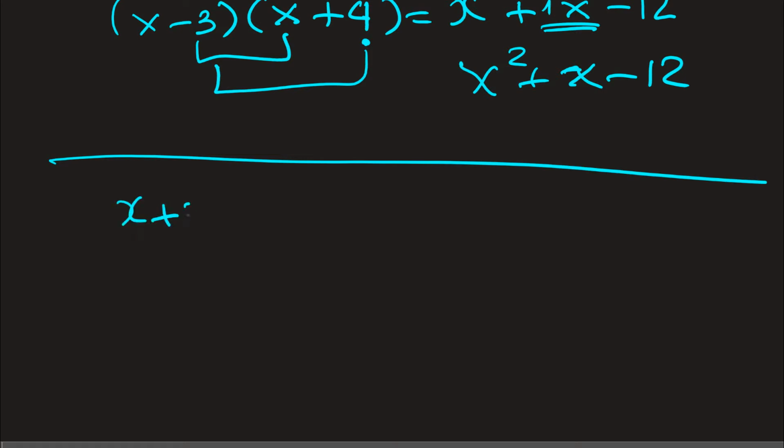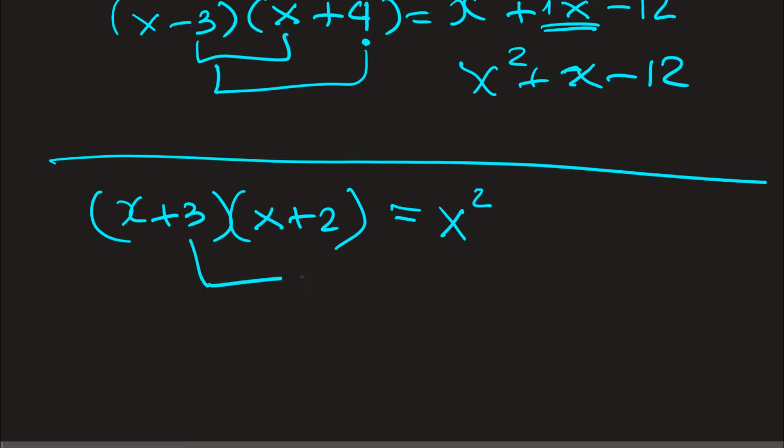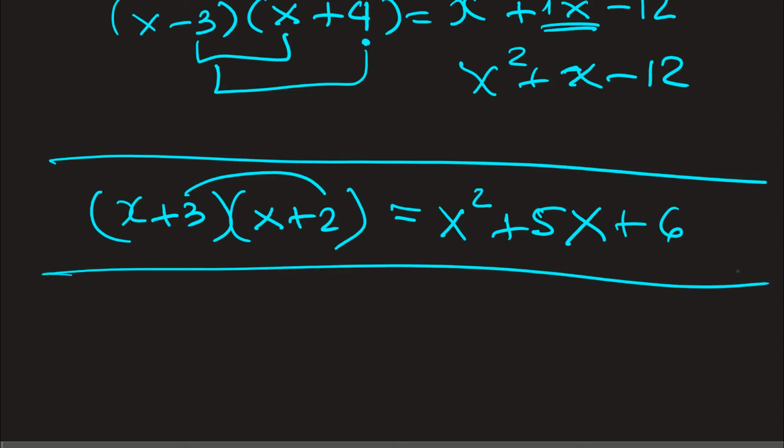x plus 3 times x plus 2. Okay, square. Then add this both and write x, and then last, and you are done. Practice this using the FOIL method.